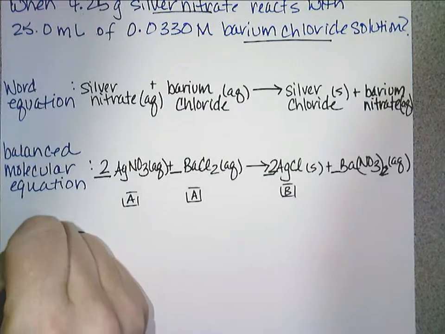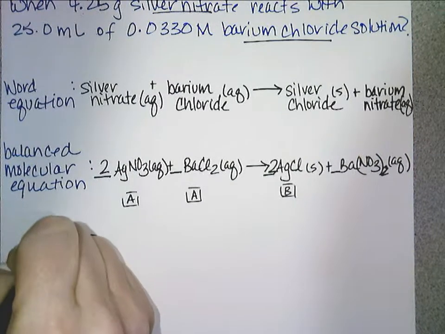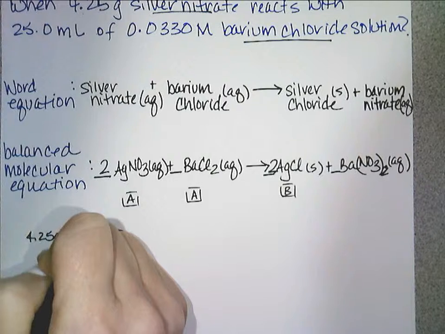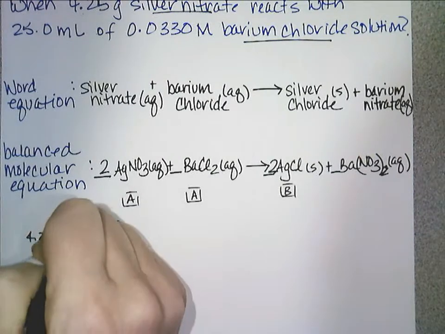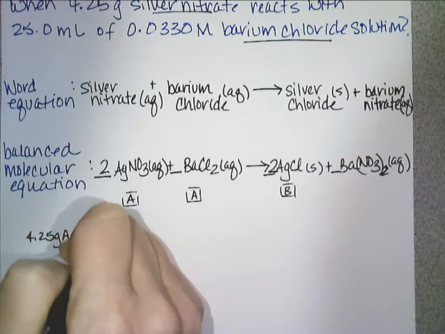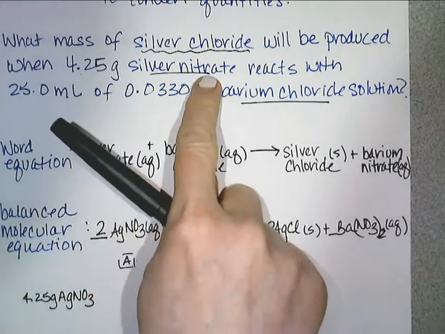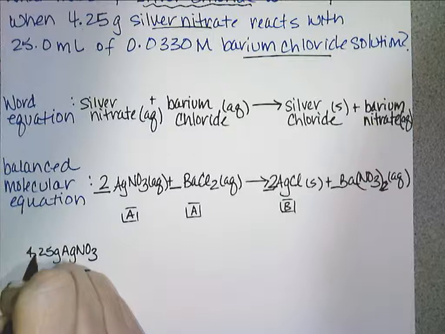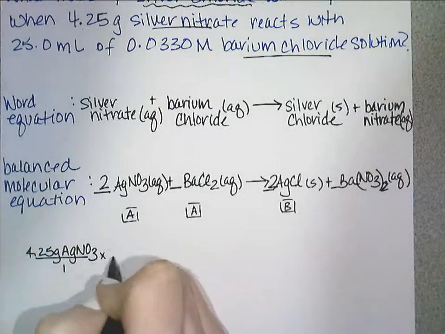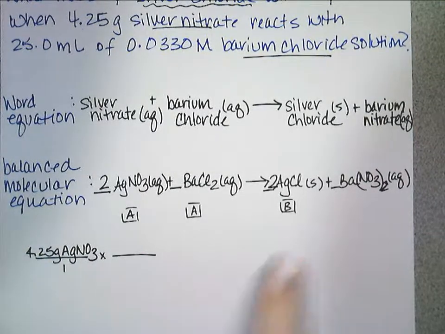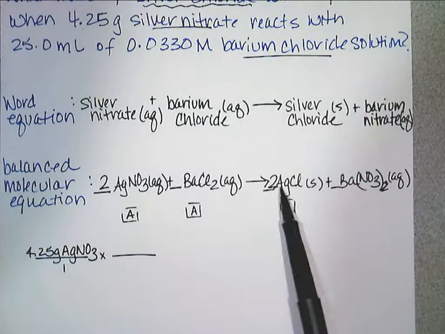So let's start with the first one. We have 4.25 grams of silver nitrate, AgNO3, which was given in the problem. So we'll start there, and we want to convert to grams of AgCl.